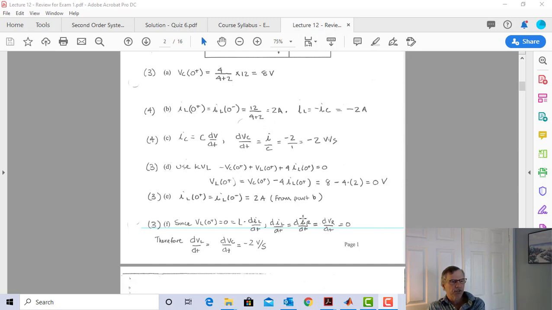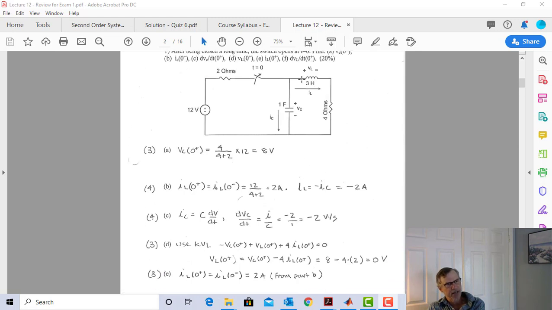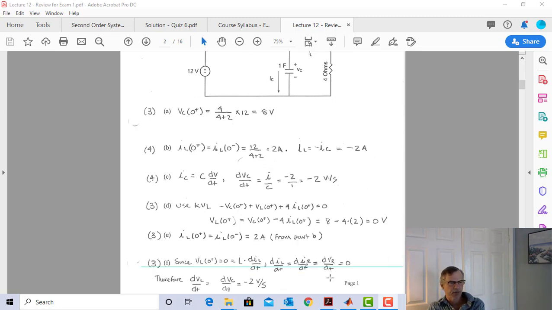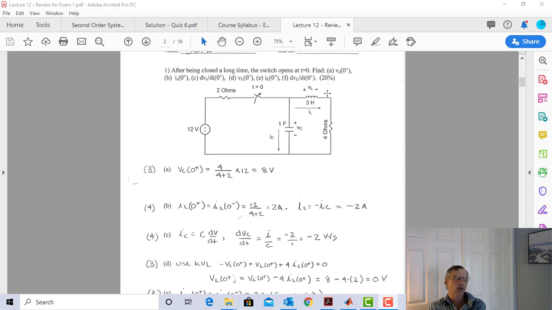And that's also going to be di R dt, right? DI L dt is going to be di R dt because it's the same current. And so that means dV R dt is going to be 0. So I have a horizontal component. I know that dV dt on this side is going to be 0.